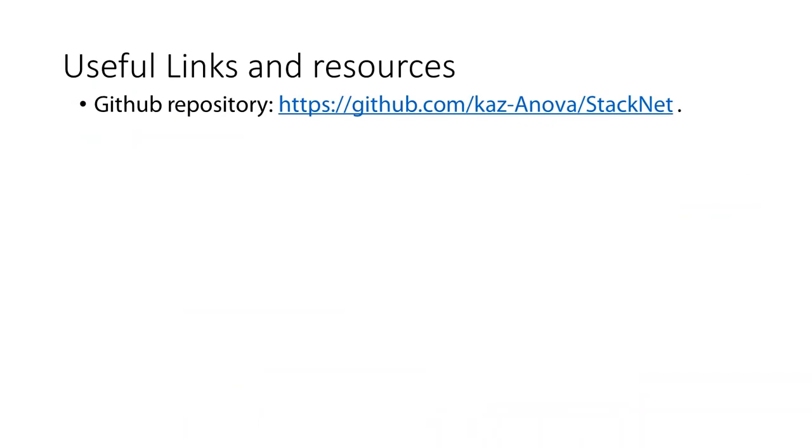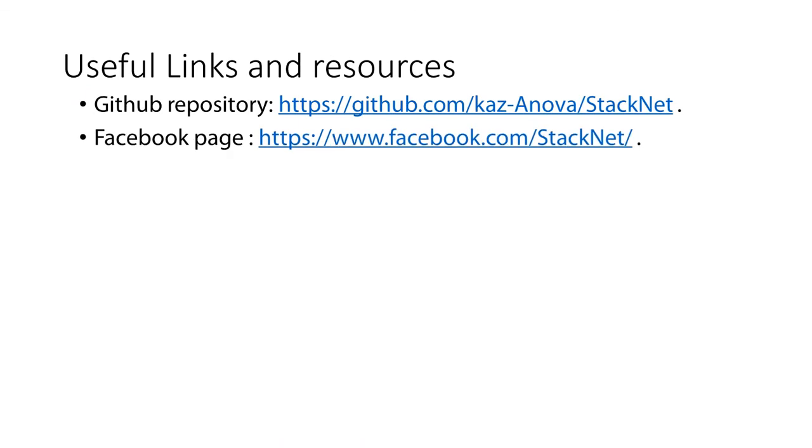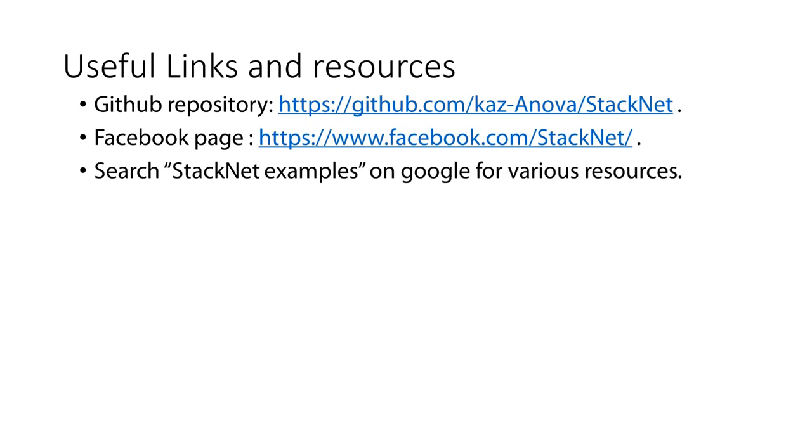Here I list a few resources which you might find useful, which is just the main GitHub repository. It contains, I think, lots of information. There is now a Facebook page too, which I made dedicated to StackNet and open source tools in general, like H2O.